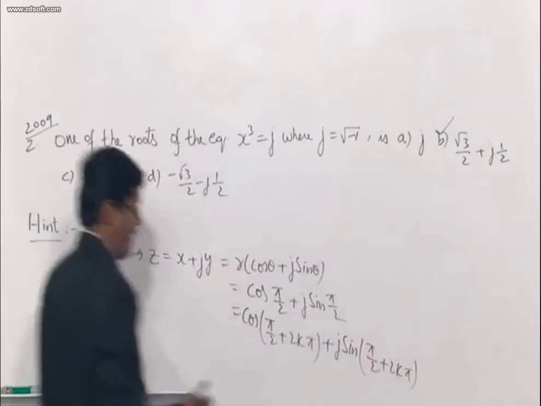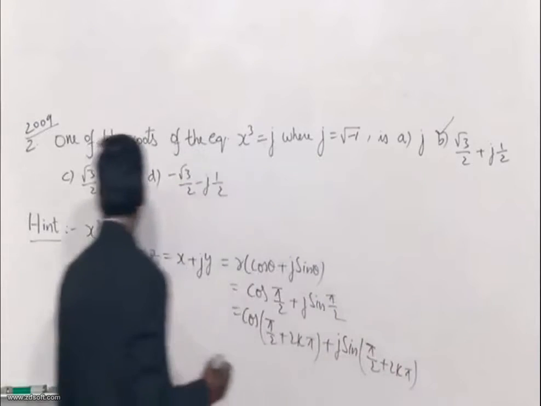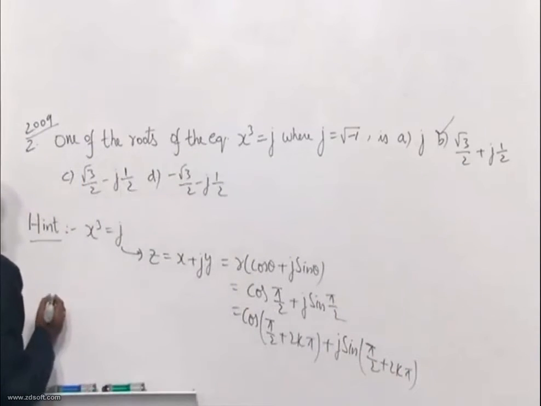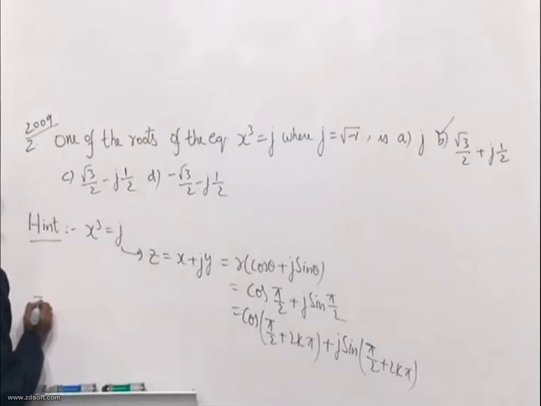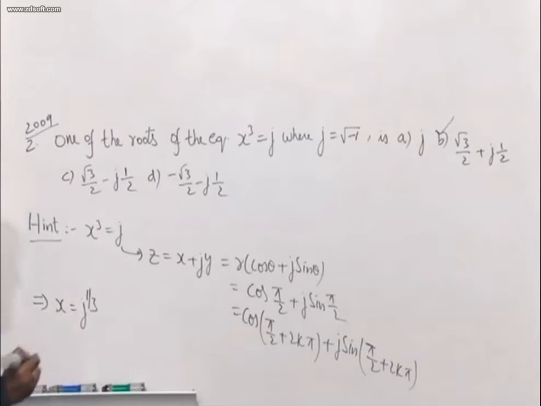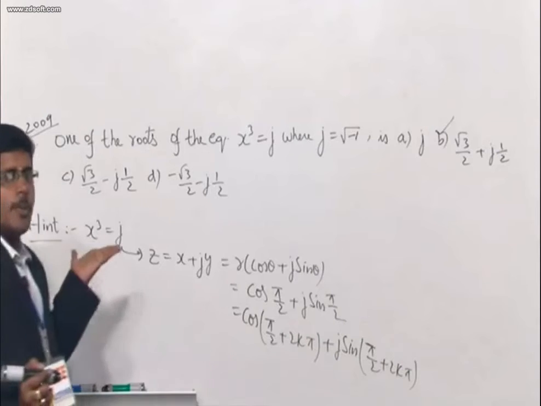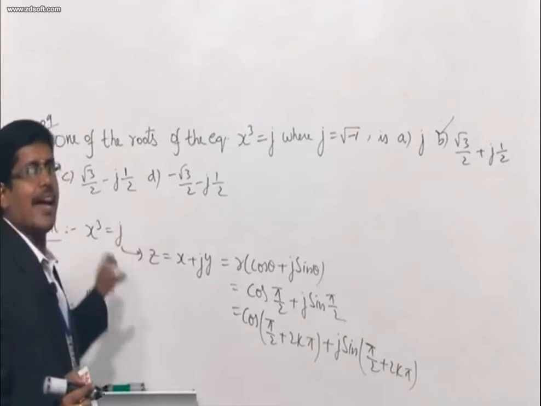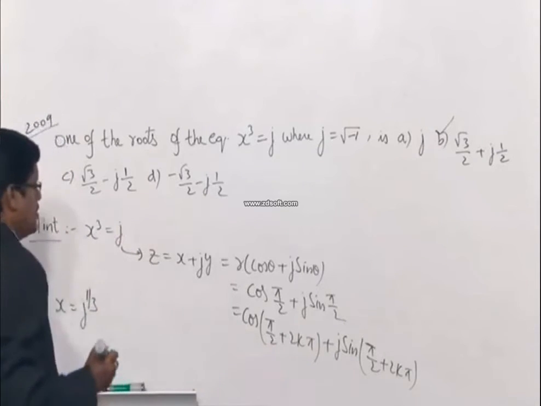Okay, so which implies x is equal to j to the power 1 by 3. That means the problem tells that cube roots of the given complex number j. The previous problem tells that square roots of minus I. Here I is nothing but j.